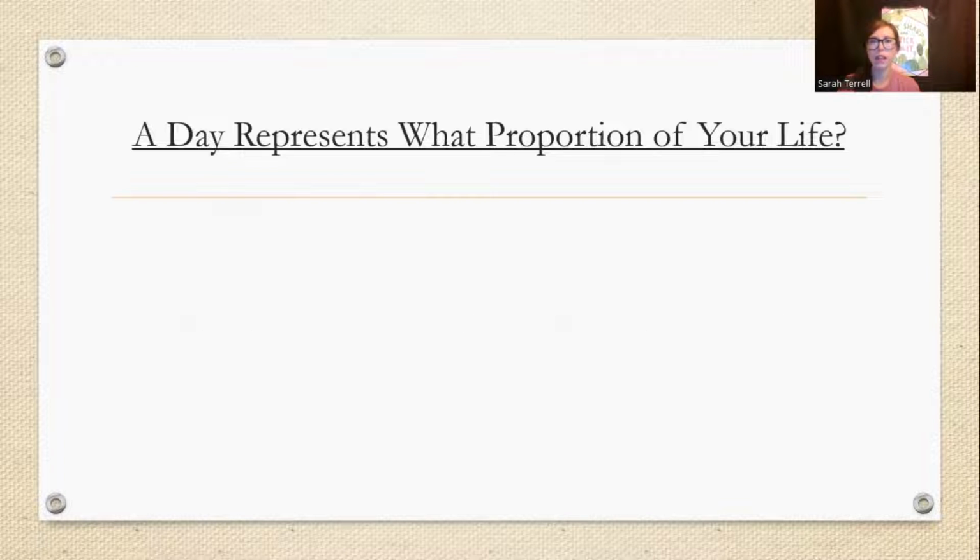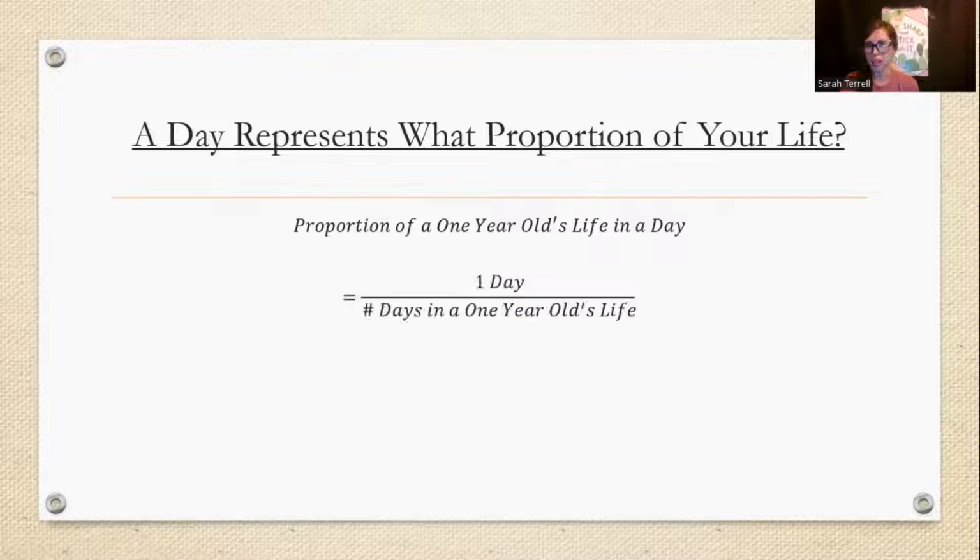Let's evaluate this from a couple of different ages. Let's look first at the proportion of a 1-year-old's life in a day. Using that same formula, that would be equal to 1 day divided by the number of days in a 1-year-old's life, which is 1 divided by 1 times 365.